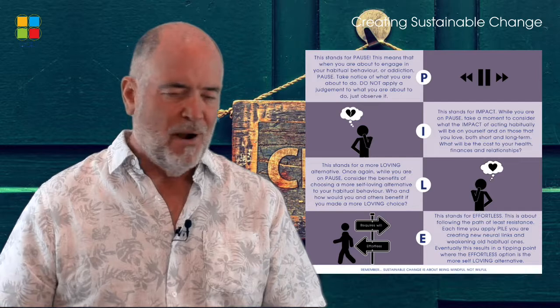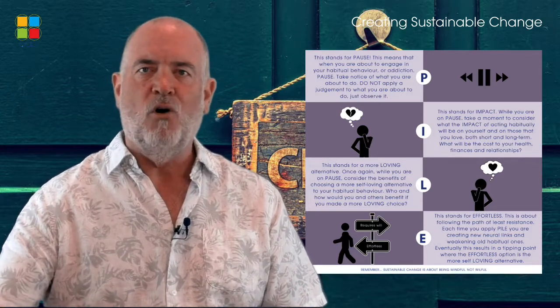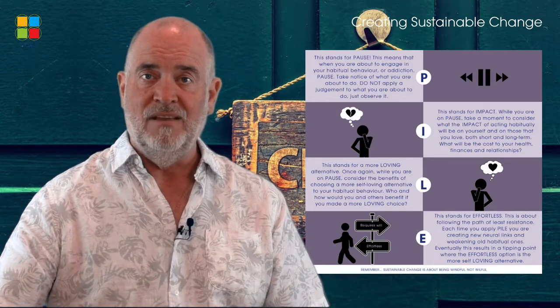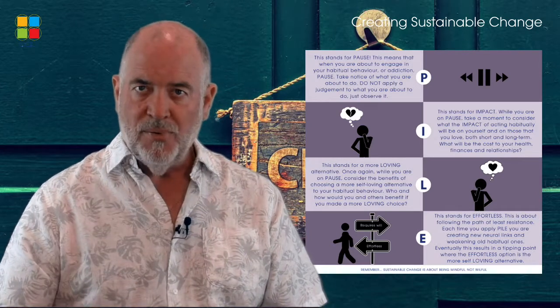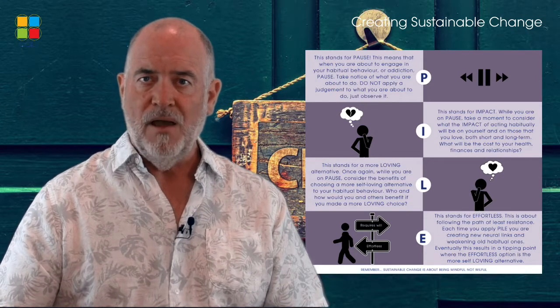It's like, put the brakes on right here, right now. Don't continue down your old habitual way of doing things. Stop and really pay attention to what's going on right now.